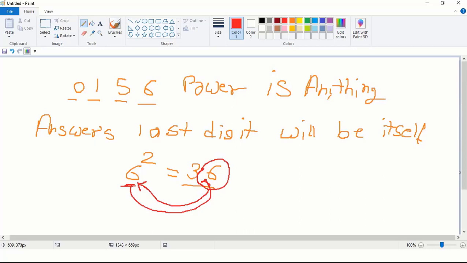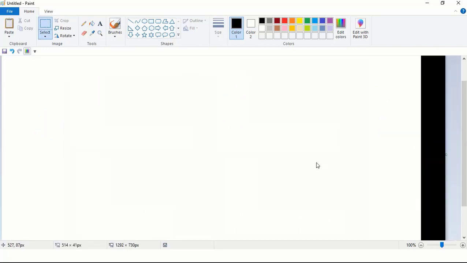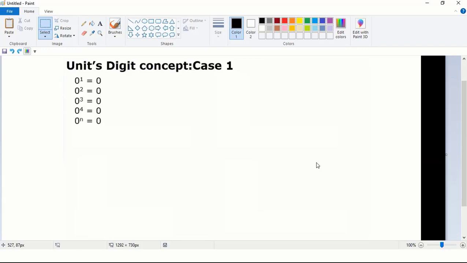Hope you guys have understood case 1. Let's observe a few iterations of the last digit concept, case 1. Here 0 to the power anything will be 0 itself. 0 power anything, the last digit must be 0.